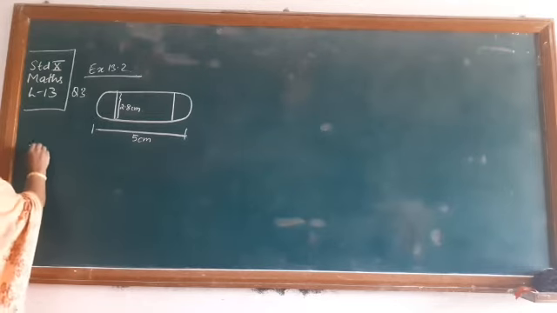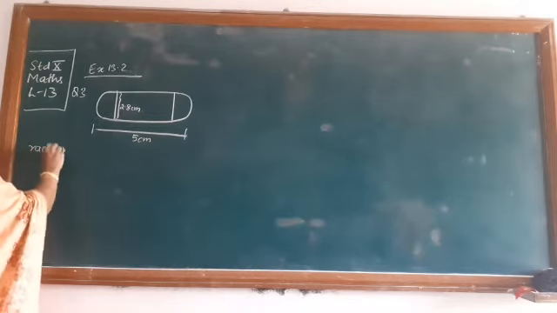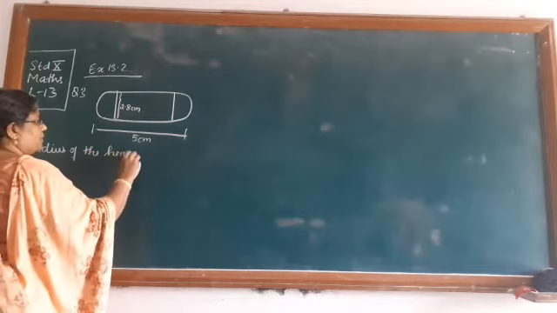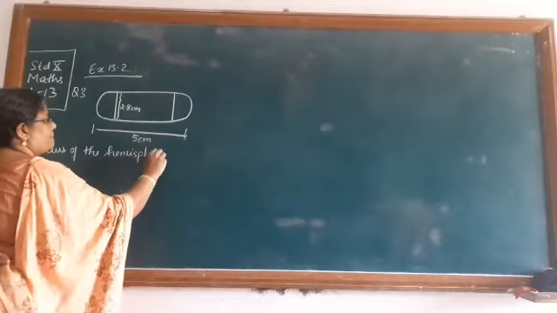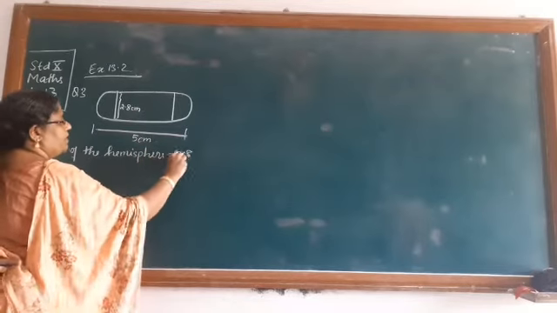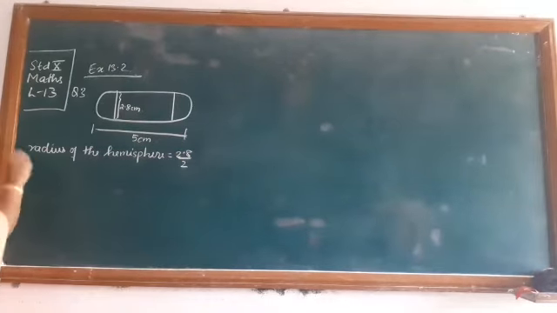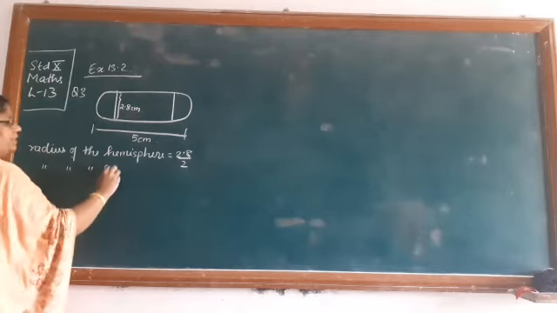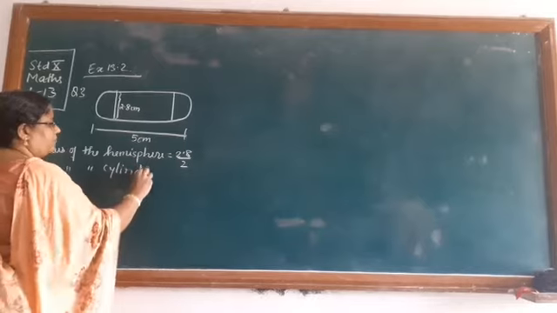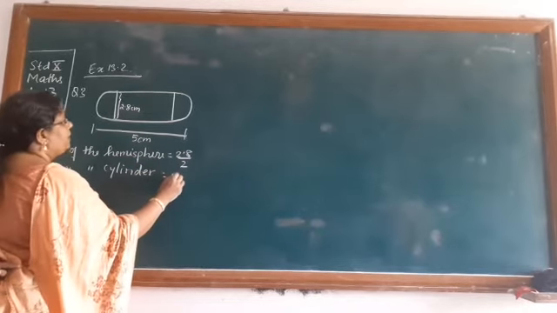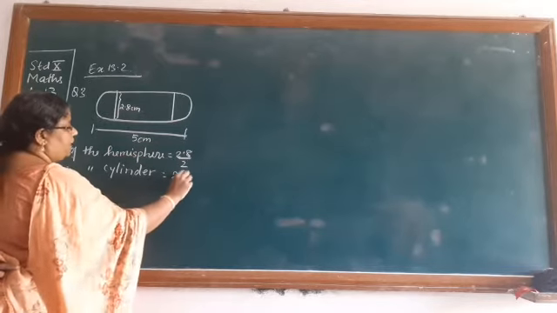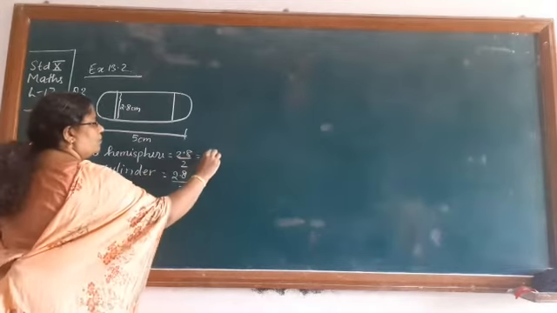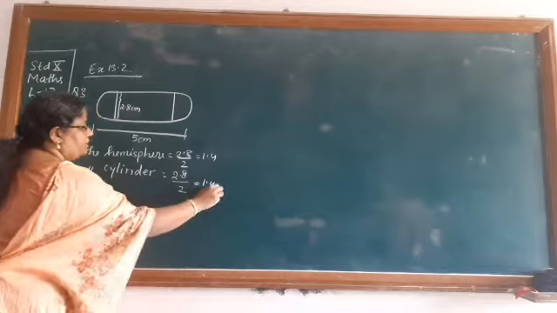So, we can say the radius of the hemispheres is equal to 2.8 divided by 2, and the radius of the cylinder is also 2.8 by 2, which is equal to 1.4, here also 1.4.